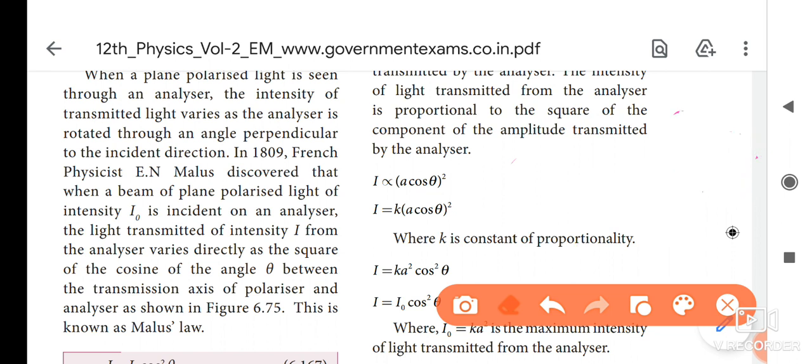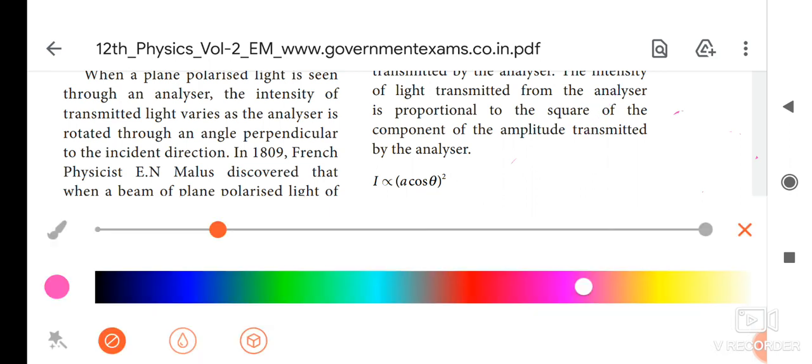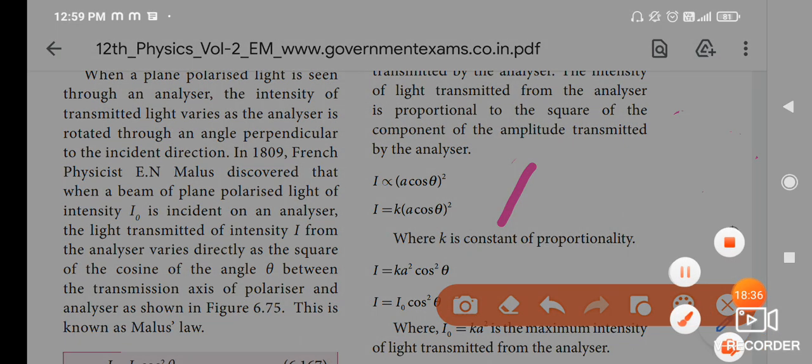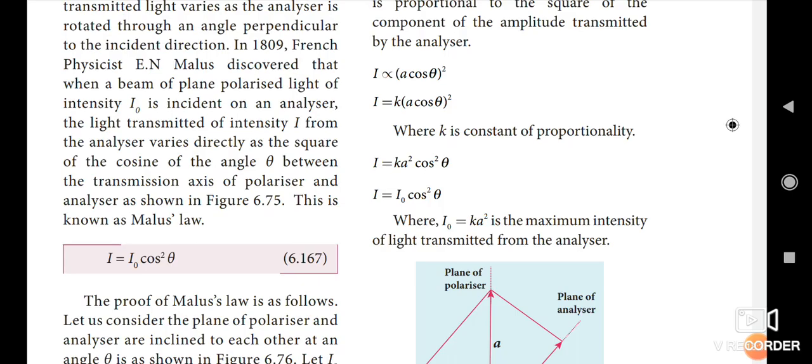So I is equal to k A squared cos squared theta. Here k is the proportionality constant.